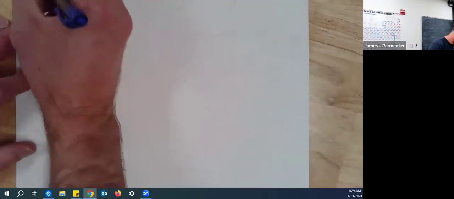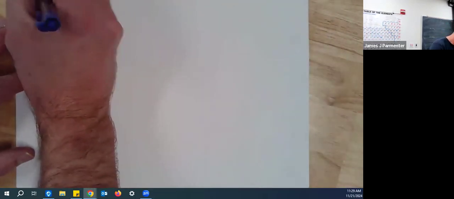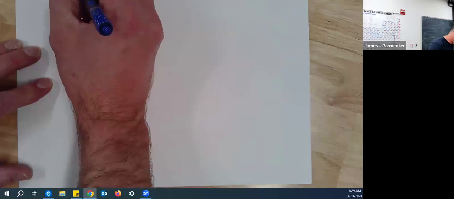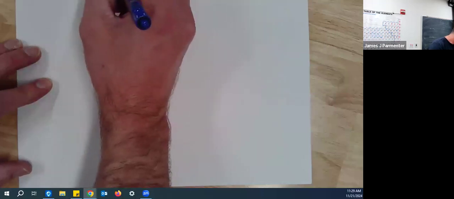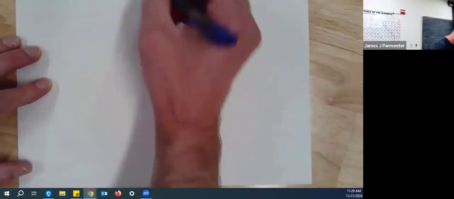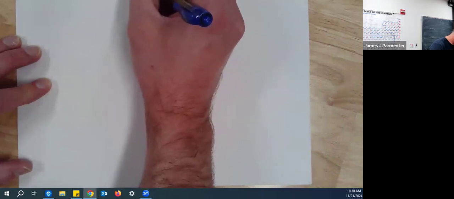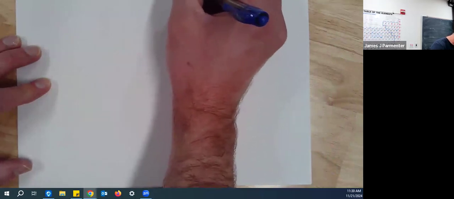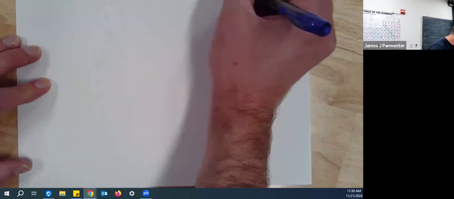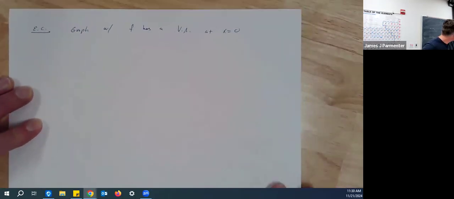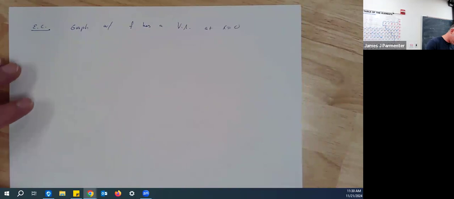So part A. Sketch the graph of a function with the following properties. So we want a graph with the following properties. So f has a vertical asymptote at x equals, sorry, 1 second. Has a vertical asymptote at x equals 0.